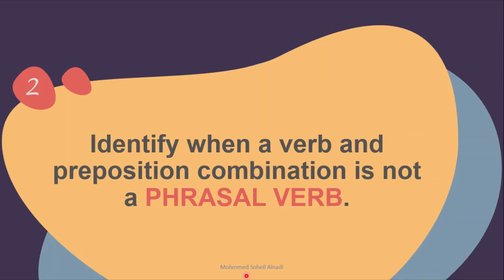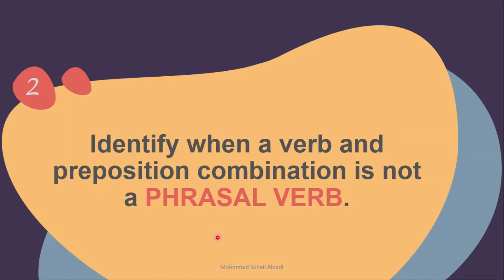Second, they have to know that not all verb and preposition or adverb combinations are phrasal verbs. For a phrase to be a phrasal verb, it must have an entirely new meaning from the 2 or 3 words separately. For example, let me say, I went out of the room.